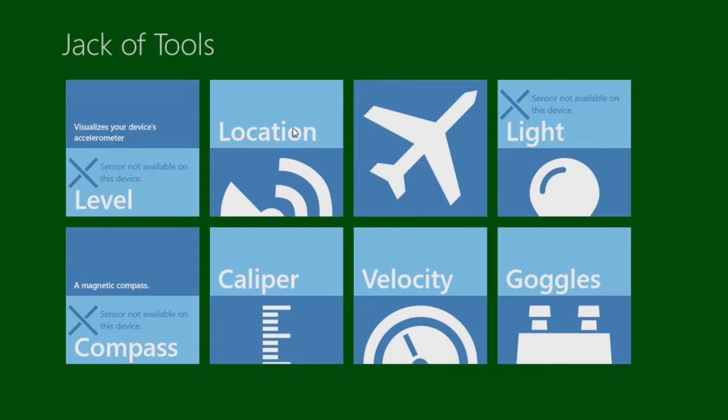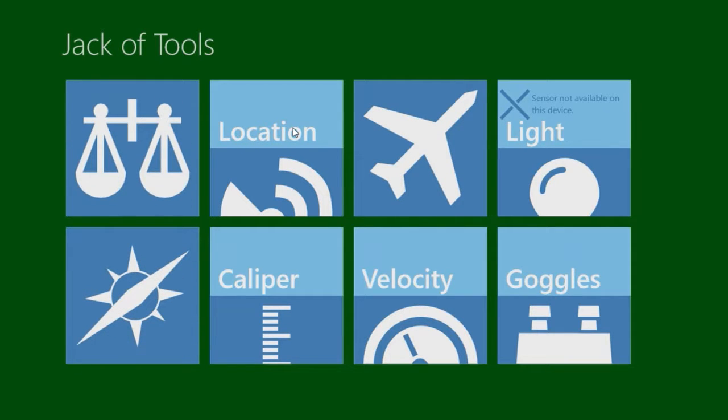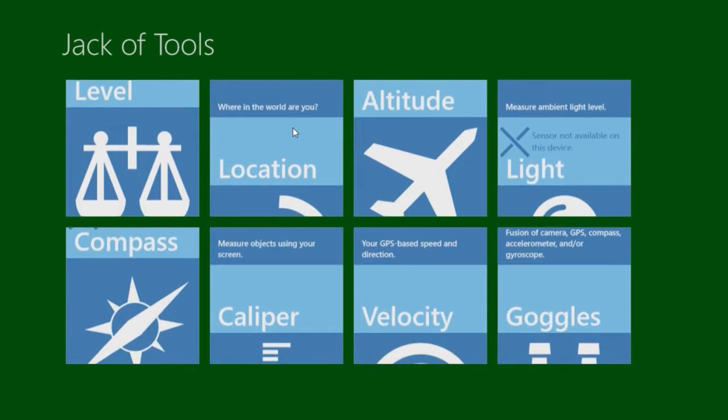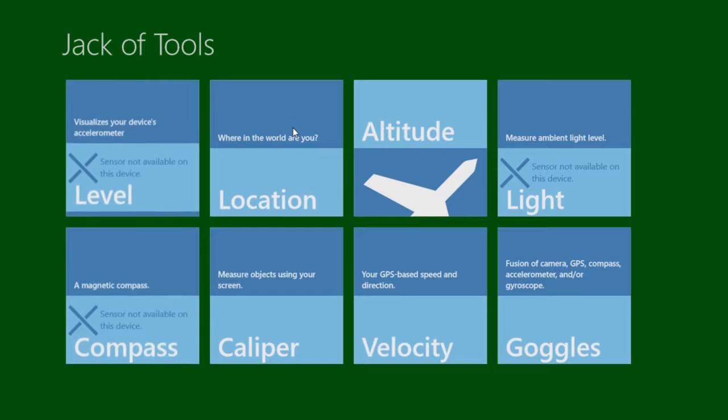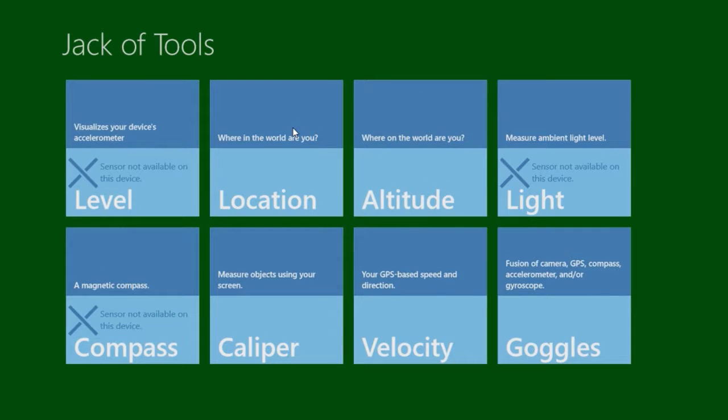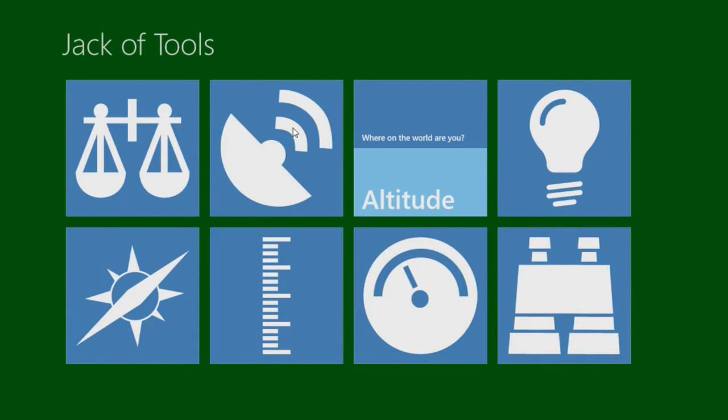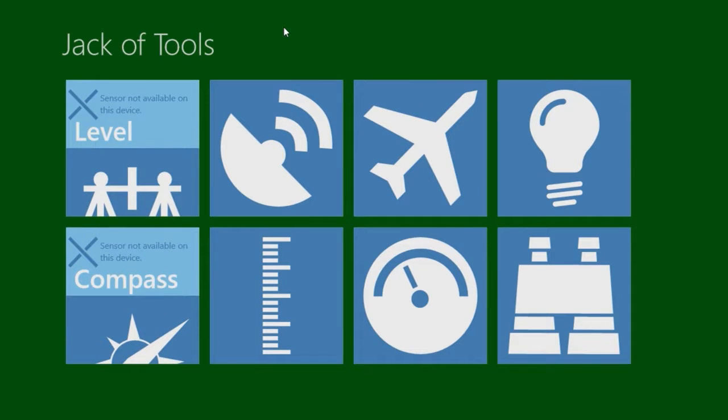So Jack of Tools was written by a developer in Tucson, Arizona. He was among some of the first developers to show up for some of the application hackathons and events in the Arizona area anyway. He wrote this application for the very purpose of testing out what your device is capable of.